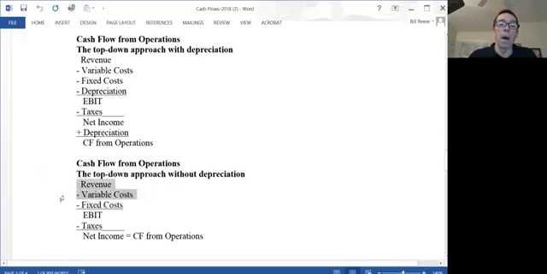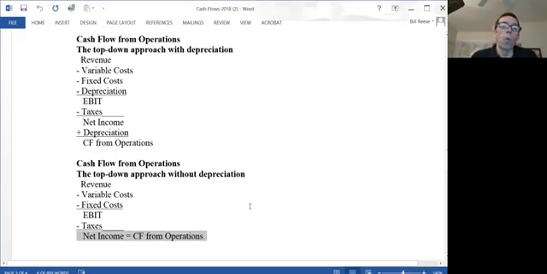So it's revenues minus variable costs minus our fixed costs. And again, we may just combine variable and fixed costs. That gives us the EBIT. Subtract out the taxes. That gives us our net income, and our net income is also our cash flow from operations if we are in the regime where we subtract the capital expenditure from our revenue in the year that it is purchased, when we do expensing.